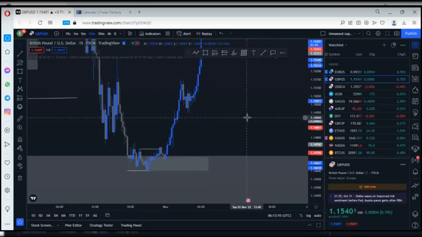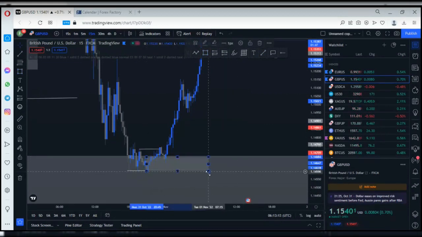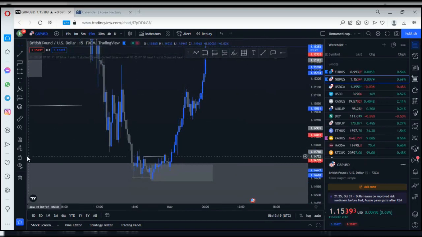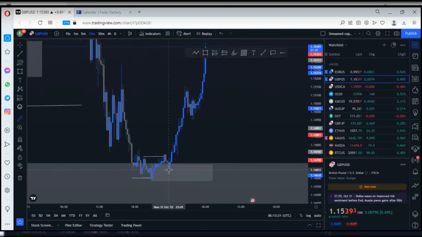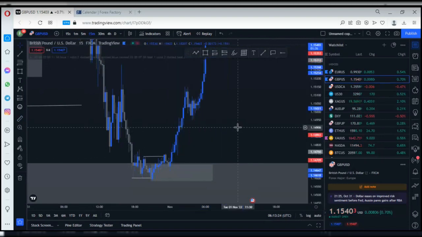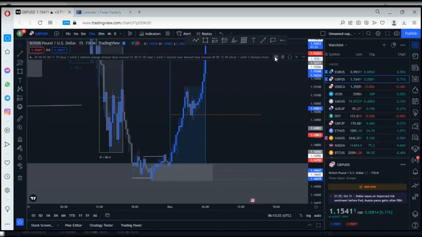This trade already tagged us in, and yeah, we've missed it. Something like 70 pips already. It happened during Asian, I guess.